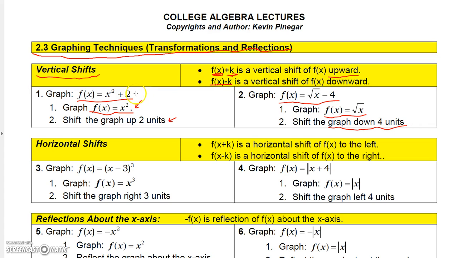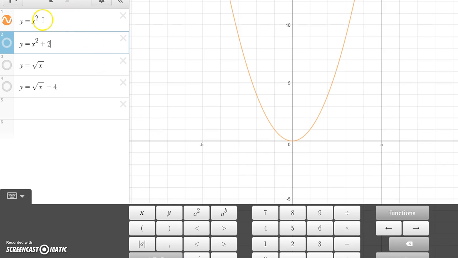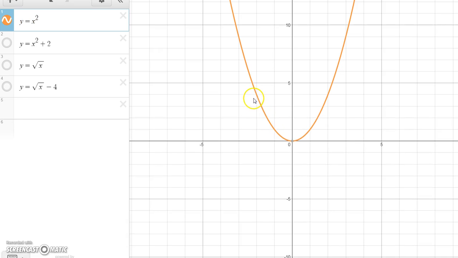So let's take a look at what would happen with x squared plus 2. Okay, so this is the graph of x squared. You see it over here. Basically what's going to happen, you remember there's several reference points we use, like -2, 4, -1, 1, and so forth. And then 1, 1, and then 2, 4.